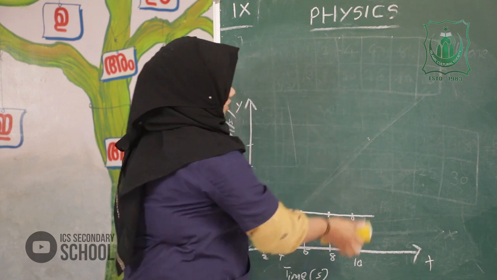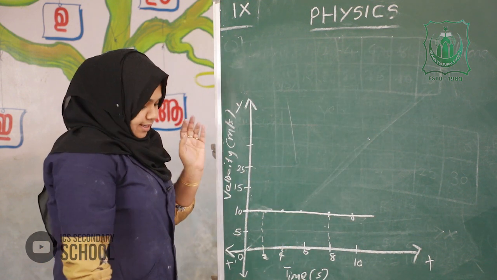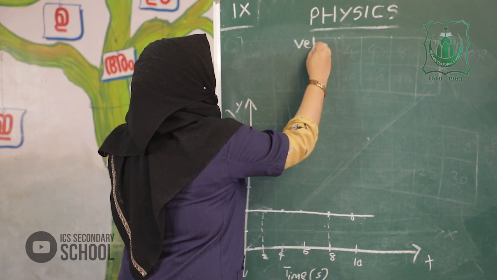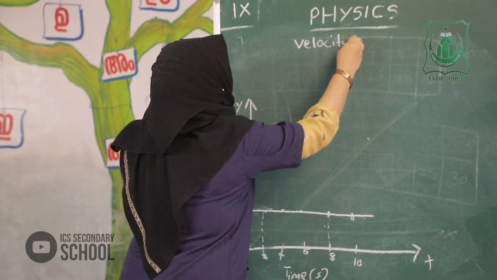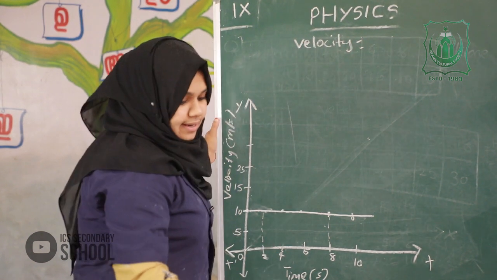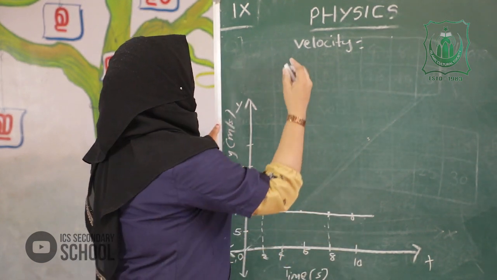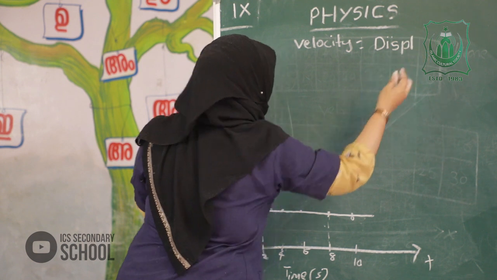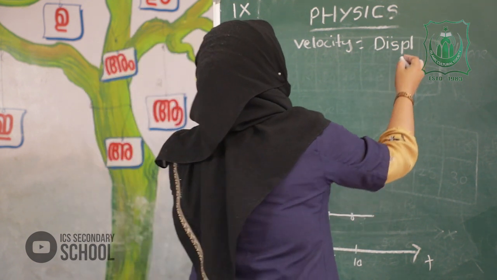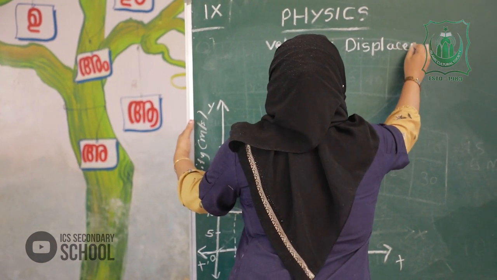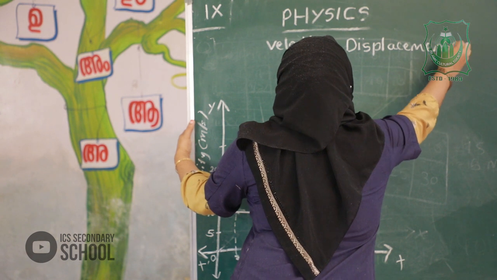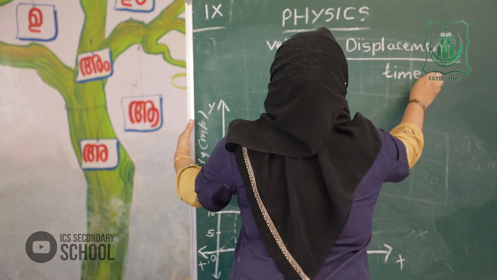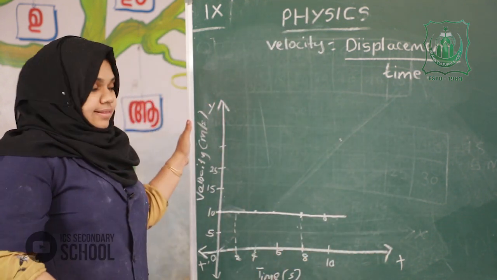Yes, we know that velocity is the rate of change of displacement. So, what is the equation? Velocity is equal to displacement by time. This equation belongs to the 8th standard.